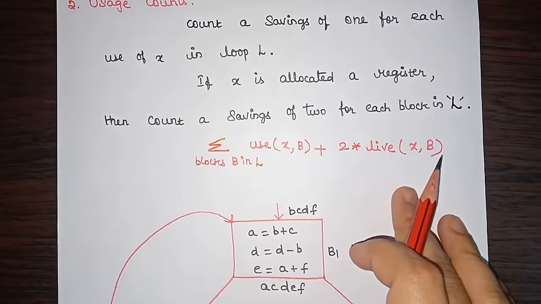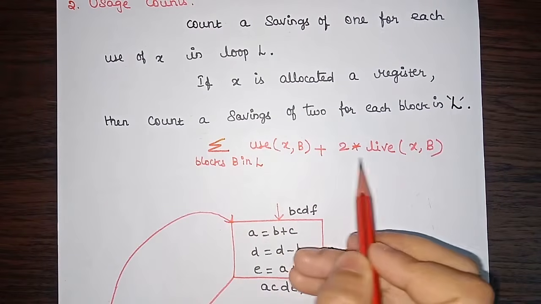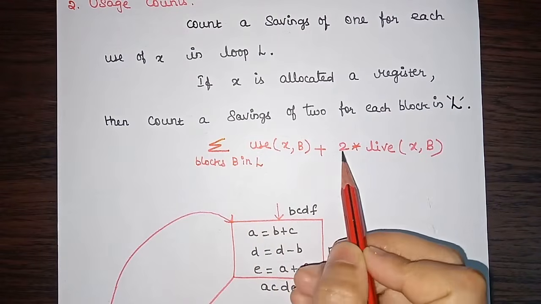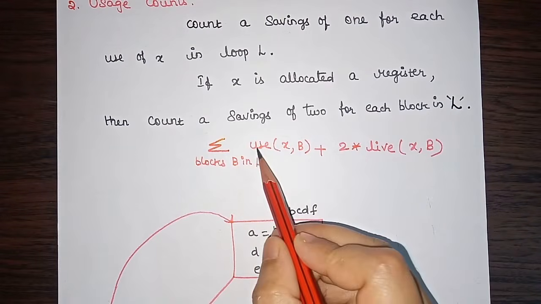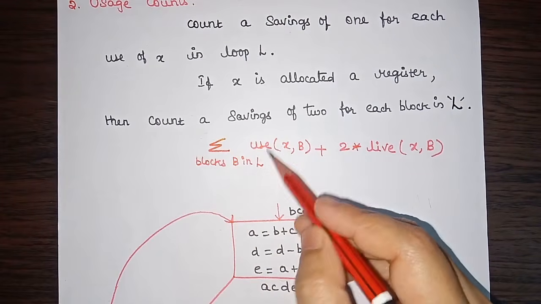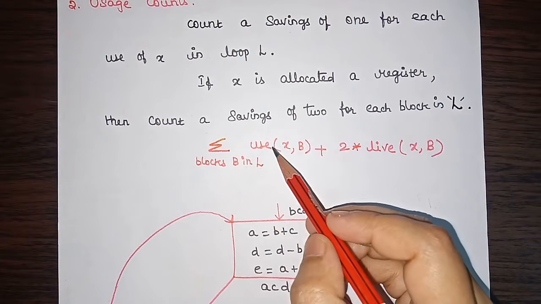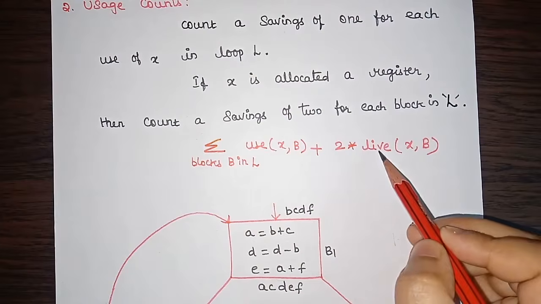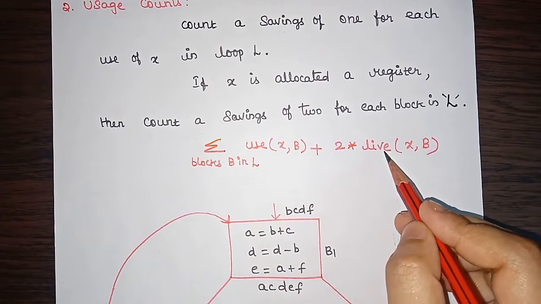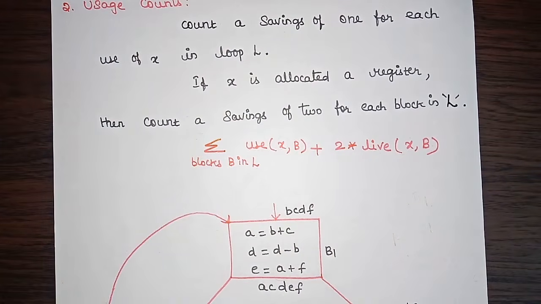For determining the cost, we have the formula: sigma of use(x, B) plus 2 * live(x, B). Here use(x, B) means we determine how many times the variable is used inside a particular block, and live means we take it as live on exit. So we verify the variable that is live on exit from the particular block.